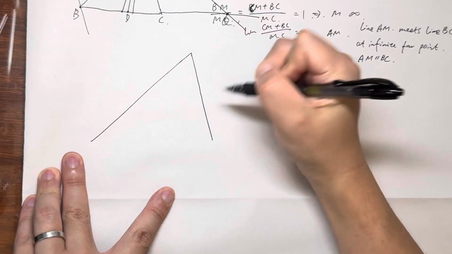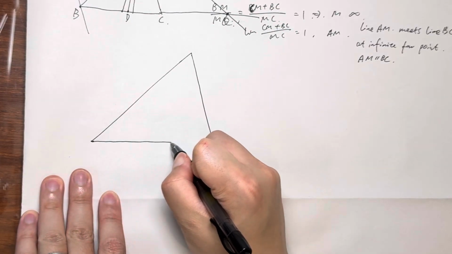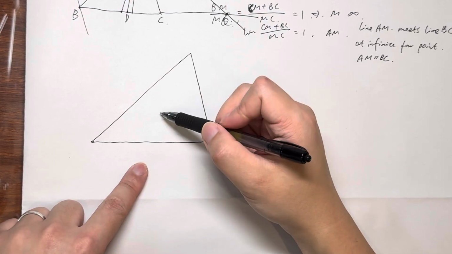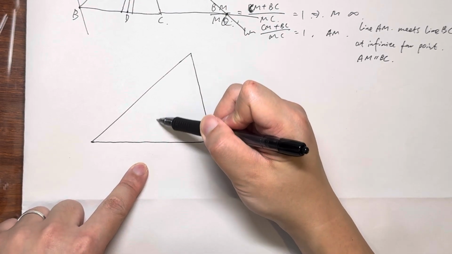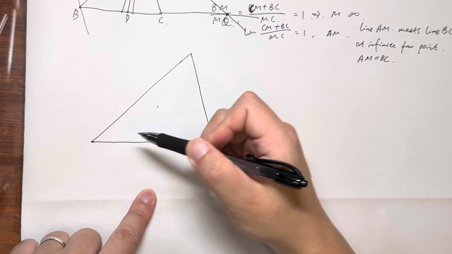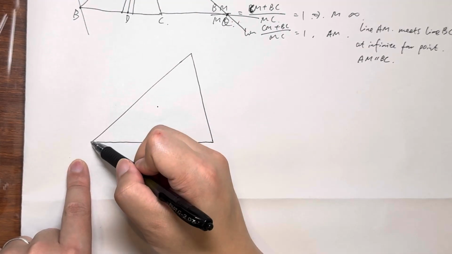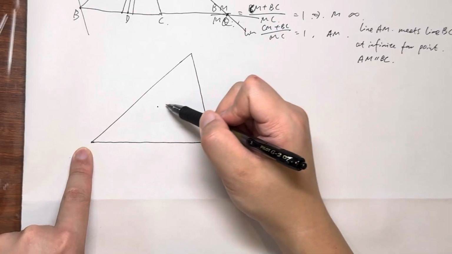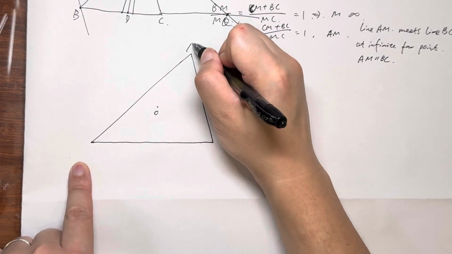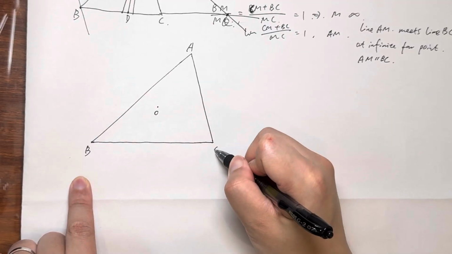So we have a triangle here. And think about we want to find the circumcenter of this triangle, which is roughly here, right? Because this is the perpendicular bisector intersection point. So let's call it O, and we have A, B, C here.